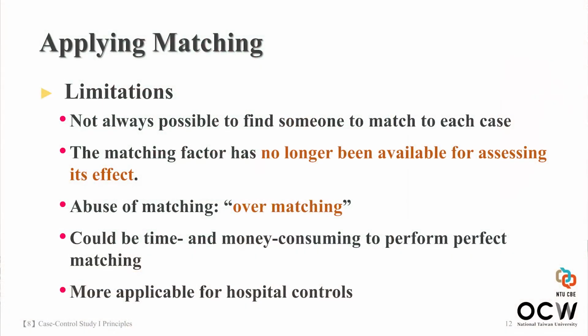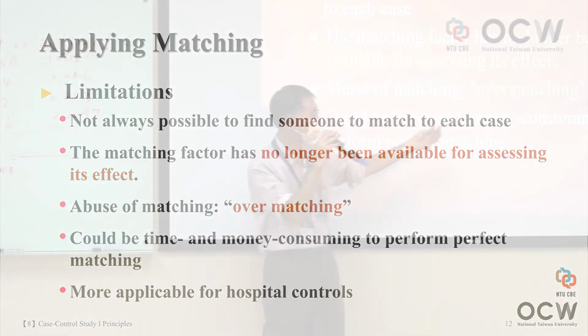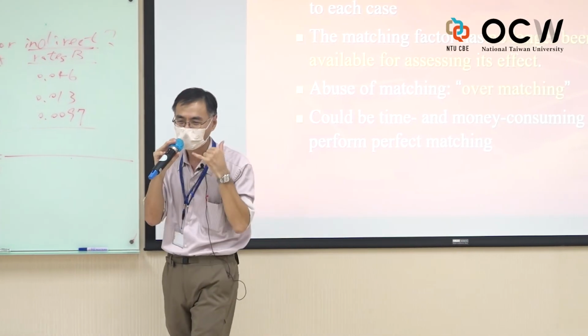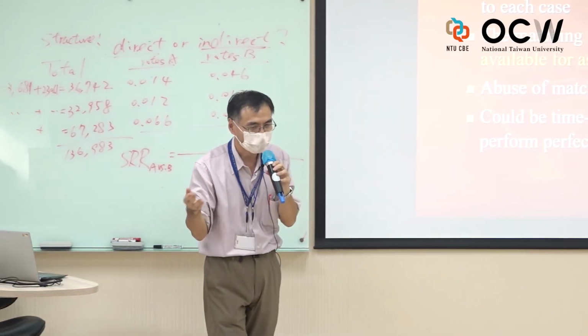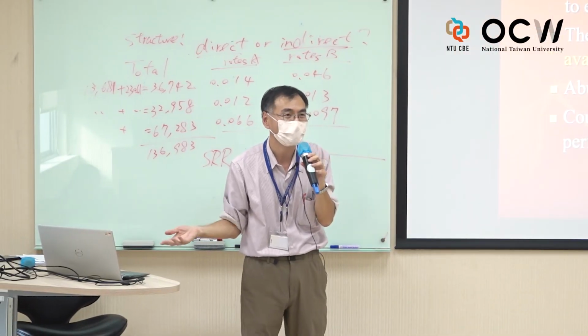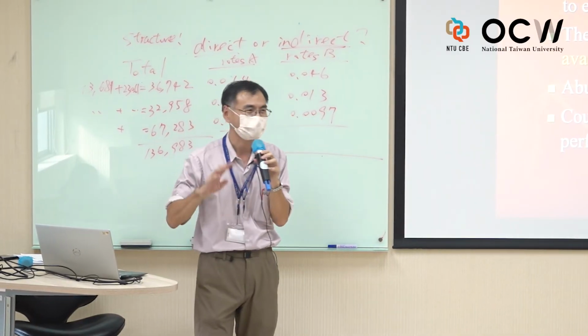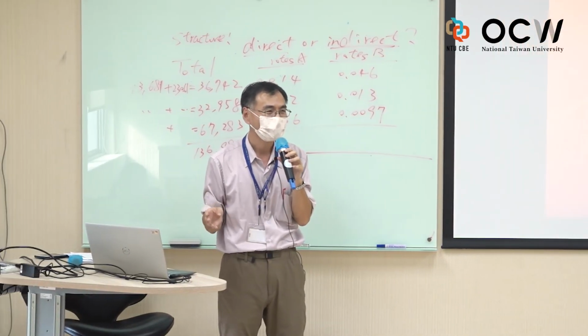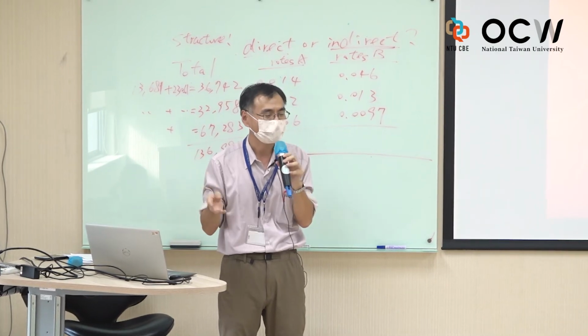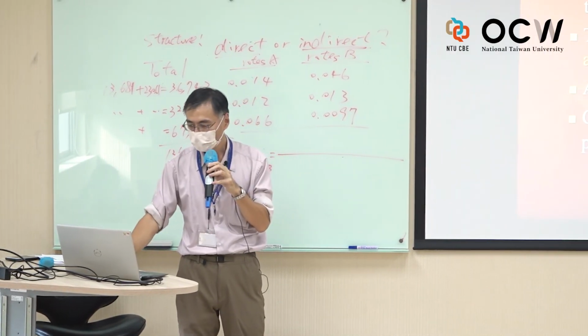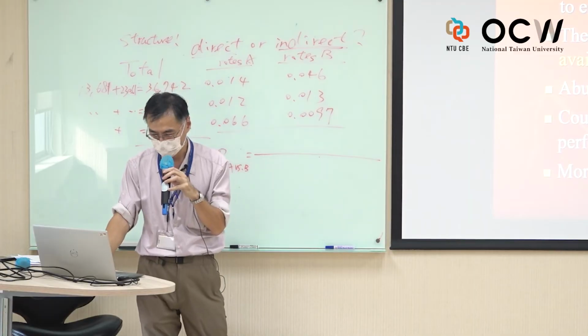Okay, and it could be time and money consuming. It takes a lot of time to find an appropriate control to match to a case, right? You might need to spend a lot of money, make a lot of calls, and try very hard to find the appropriate one in the medical records to match to the cases. So perfect matches do not exist. If you want one, you need to spend a lot of money and time and effort. So it's not very feasible.